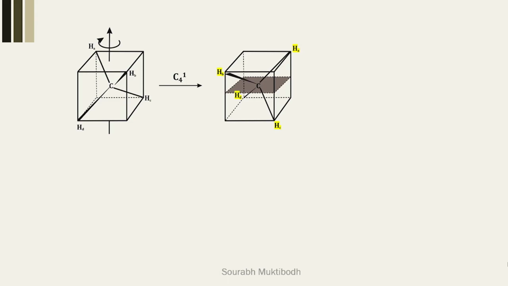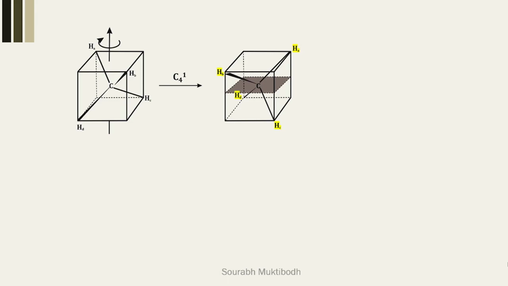For example, HC has moved to this frontal position while HD has occupied the back position. Notice that if we perform this C4 operation, the two structures are not identical. They are not superimposable structures, and therefore C4 is not an operation by itself.